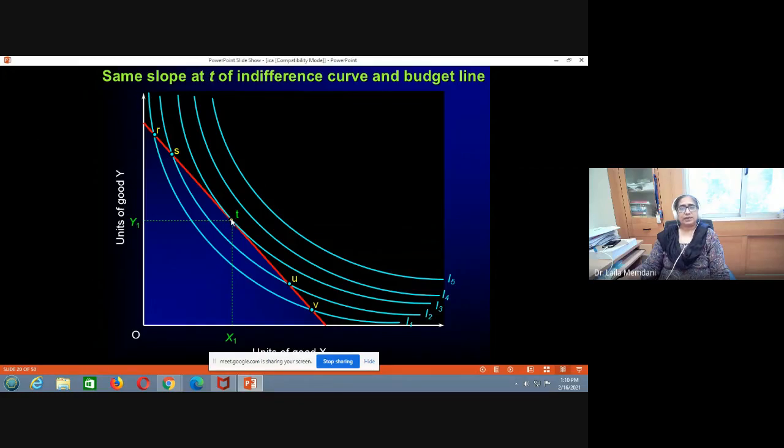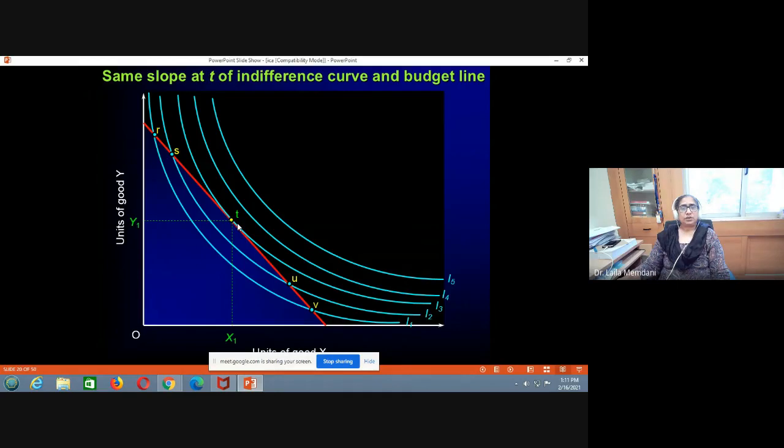That is, it is exactly touching it. It is not cutting it. At points S, R, U, and V, it is cutting it. Here it is exactly touching it, right?